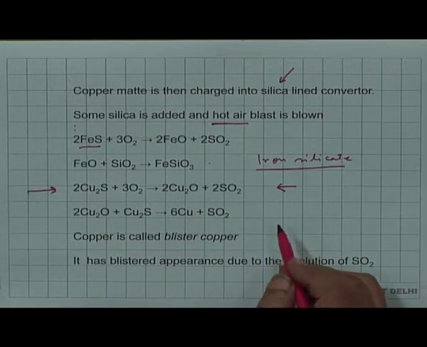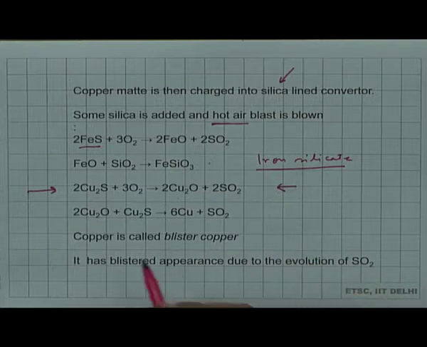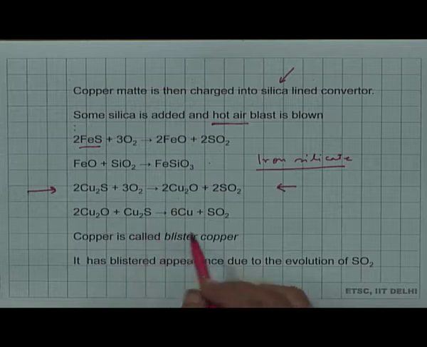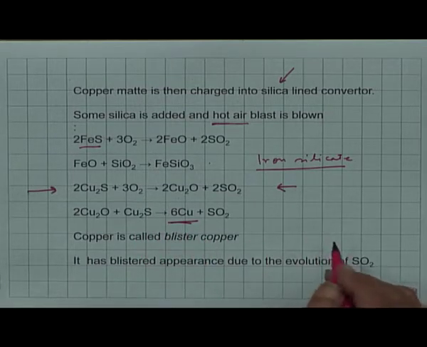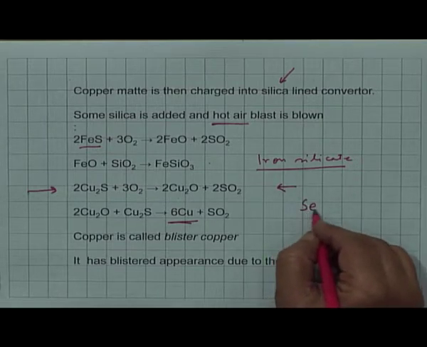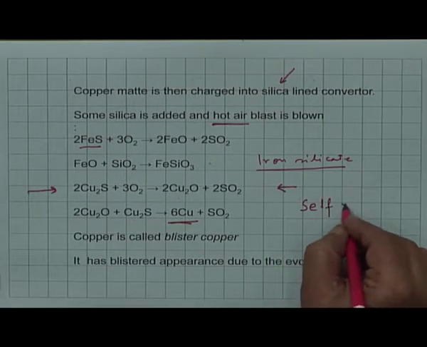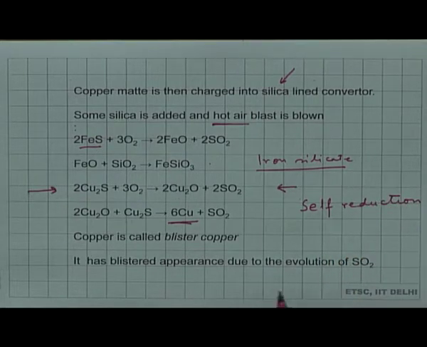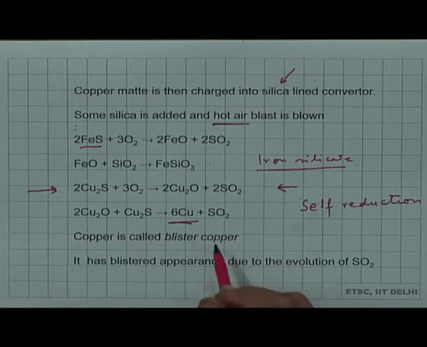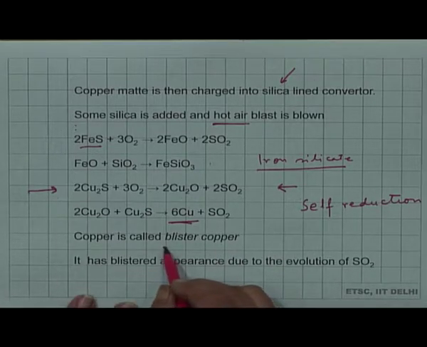Now, this copper oxide which is formed reacts with the sulphide to get copper in pure form. This is called self reduction. Since sulphur dioxide evolves from the copper, on the surface of the copper blisters are formed.